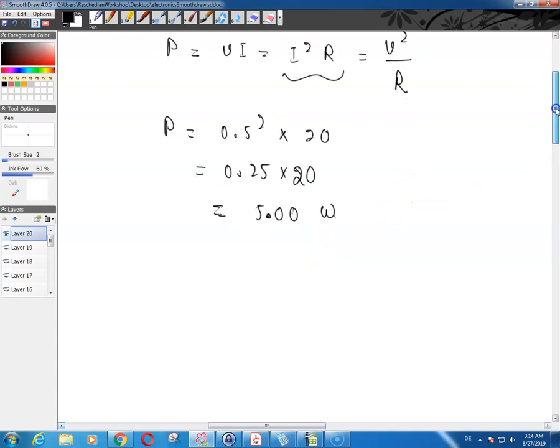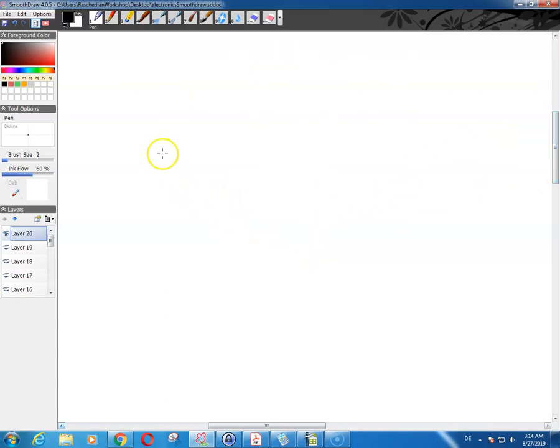If you have a resistor of 560 ohms, for example, and your current is 0.02 amps, then your power is going to be I squared R again.